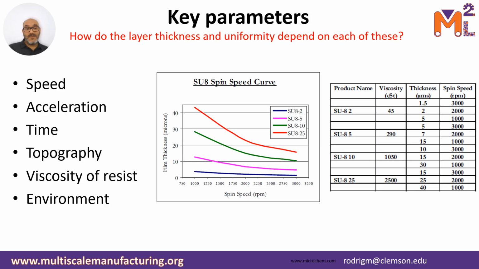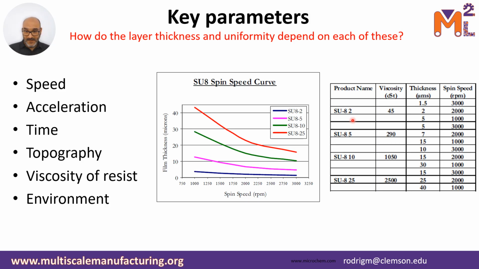You also depend on the viscosity of the resist. Remember, that will be the formulation that you get from the different vendors depending on the solvent to resist ratio, and also you depend on the environment, right? So the environment around the substrate during the actual process.